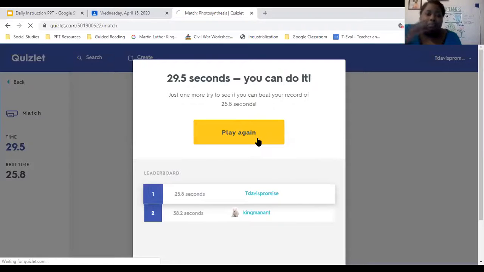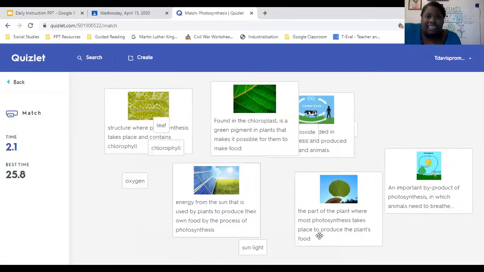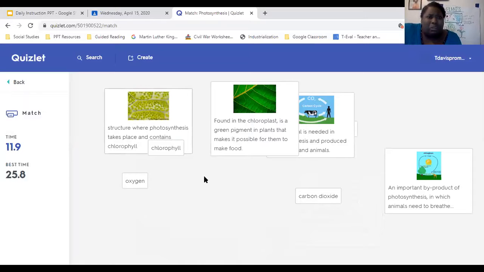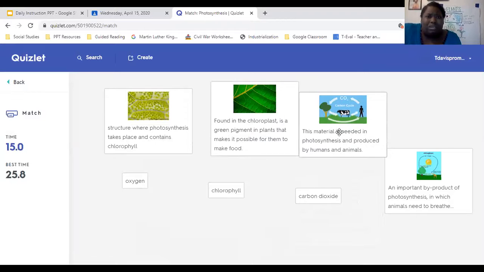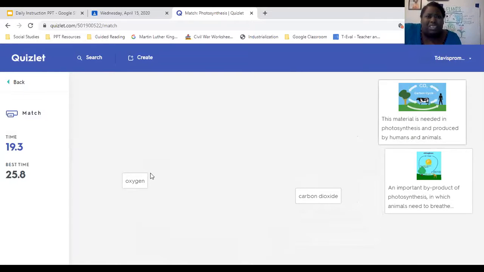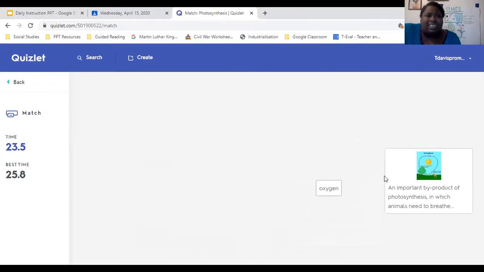Almost, one more time. The part of the plant where most, that's a leaf. Energy from the sun, sunlight energy. Structure where photosynthesis takes place. It contains, that's the chloroplast. Found in, that's chlorophyll. This material is needed for photosynthesis and oxygen.